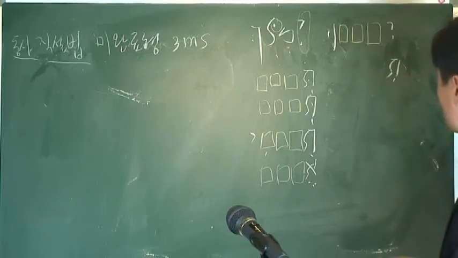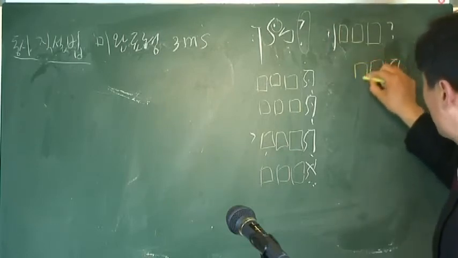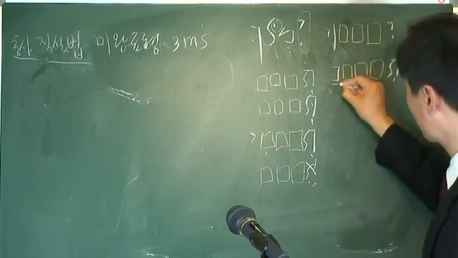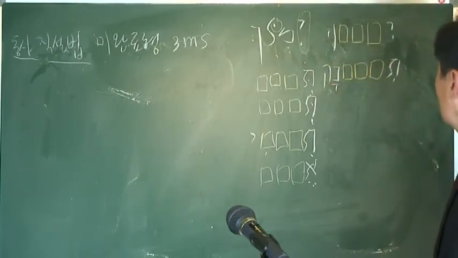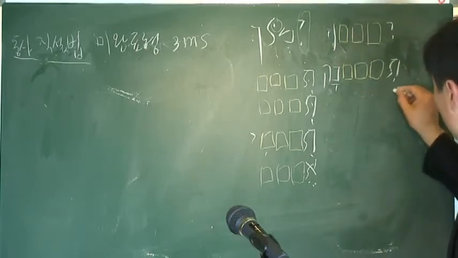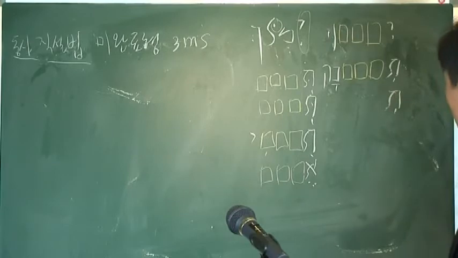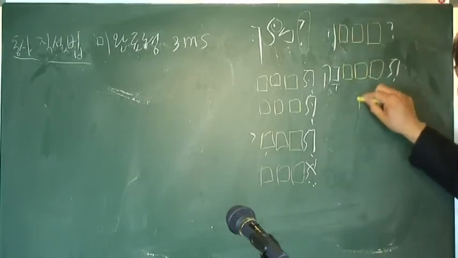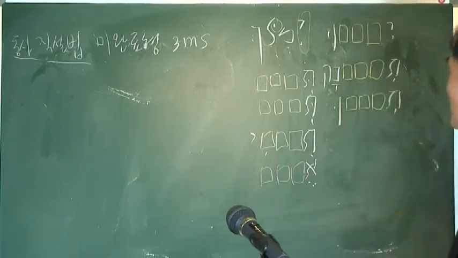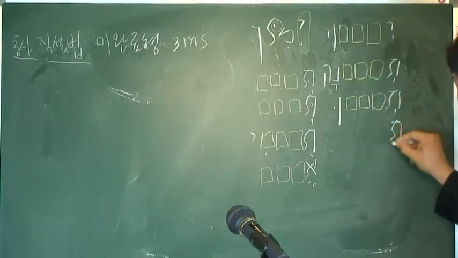Next, the prefix t is added. Then the suffix na is added to the basic consonant. Next, the prefix t is added. The suffix u is added to the basic consonant.